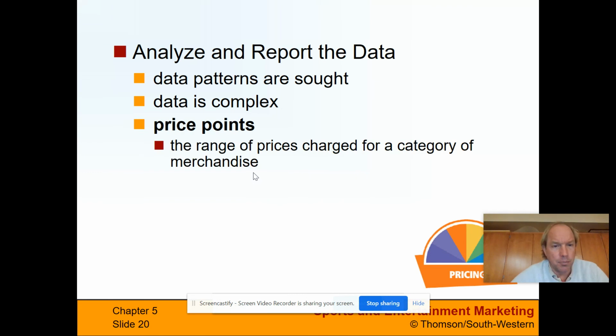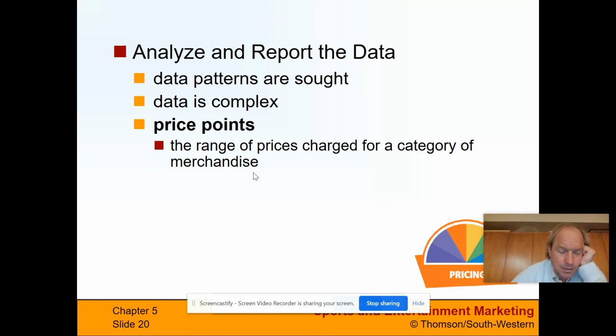You want to look at something called price points, which are the ranges of prices charged for a category of merchandise. Obviously, you can spend 150 or $200 on a television, but you can also spend 5,000 if you want, or more, depending on the size and the clarity and all of the various things that are involved in using TVs today.